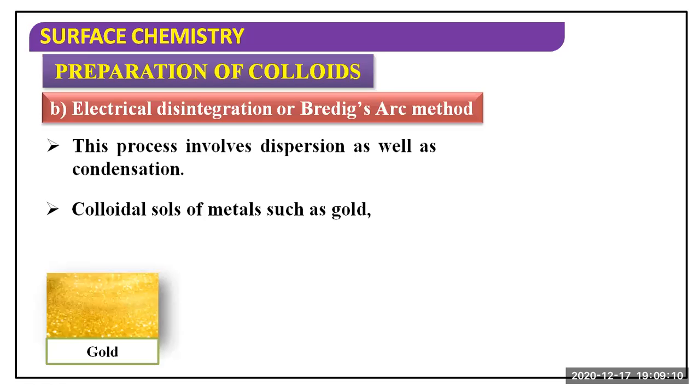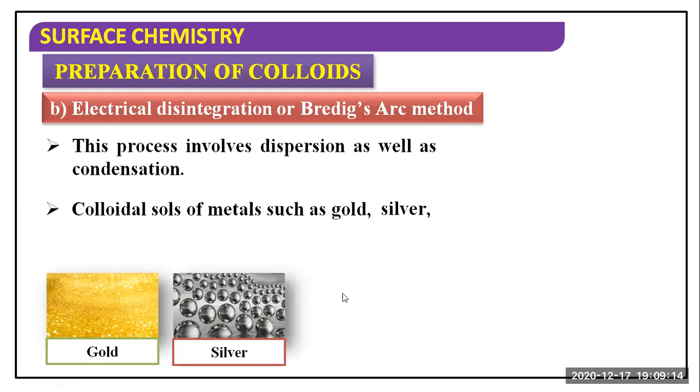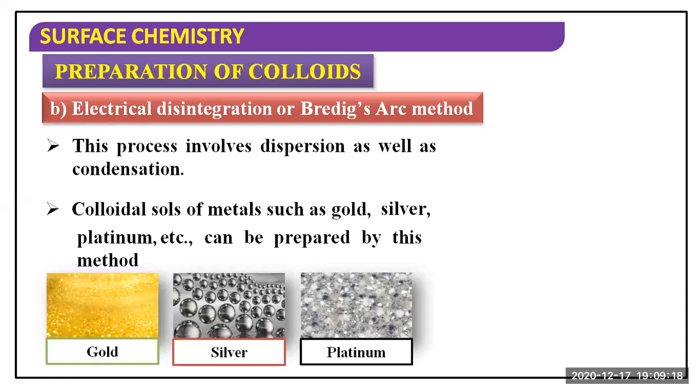Colloidal solutions of metals such as gold, silver or platinum. This type of costly metal we use in our experiments, because we can reuse and reform it.